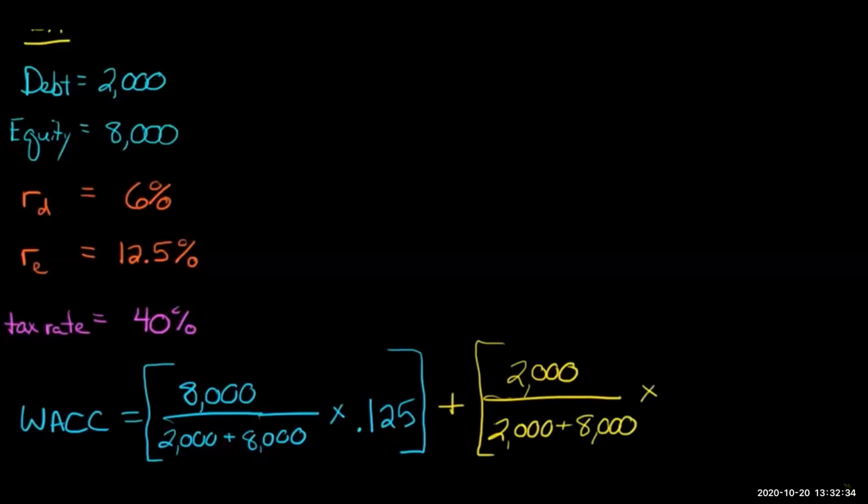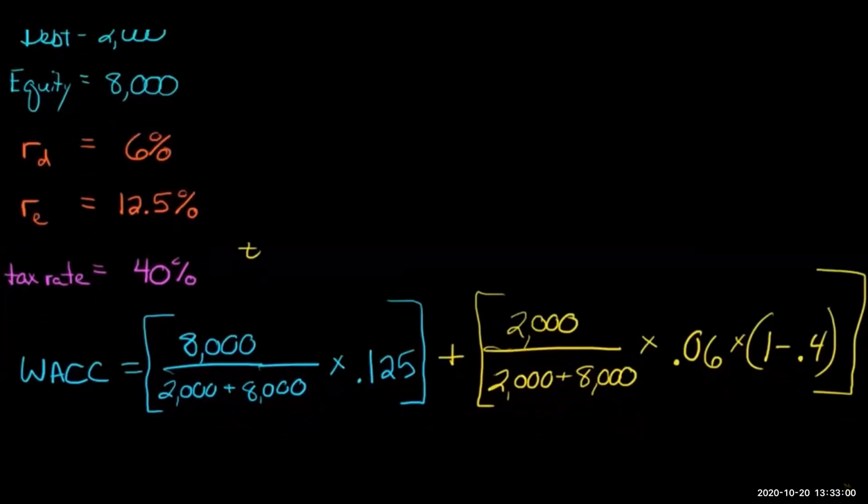Now we multiply that by the cost of debt, 6%, which is the same as 0.06. But now we have to factor in the after-tax cost of debt, so we have 1 minus the tax rate, 1 minus t, which is 1 minus 0.4. T is just the tax rate. So now we've got this big long equation.